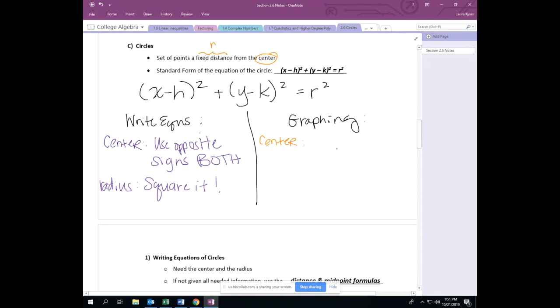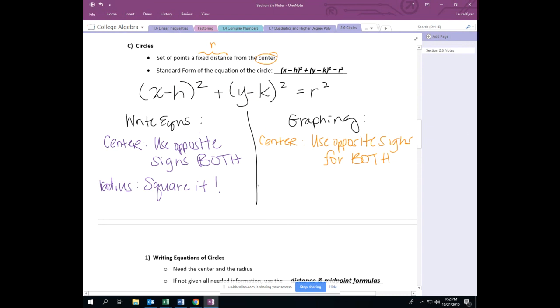We still need the center and the radius. And again, because we're pulling things out of this formula, and this formula has minuses in it, we are going to have to use opposite signs when we pull the numbers out. Both coordinates. Opposite signs.